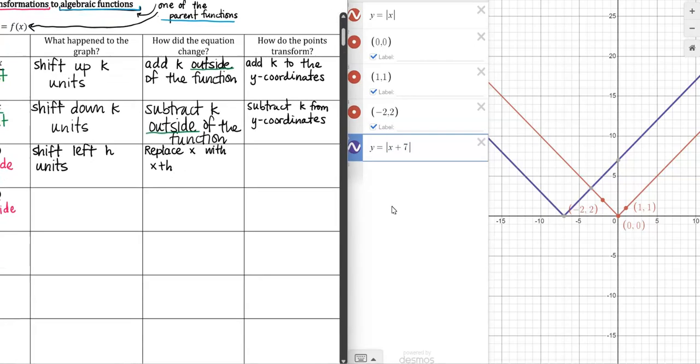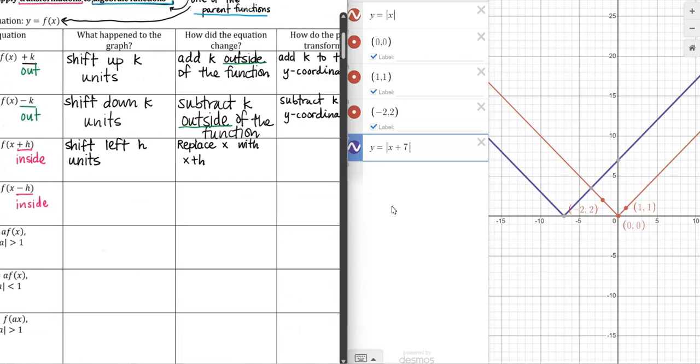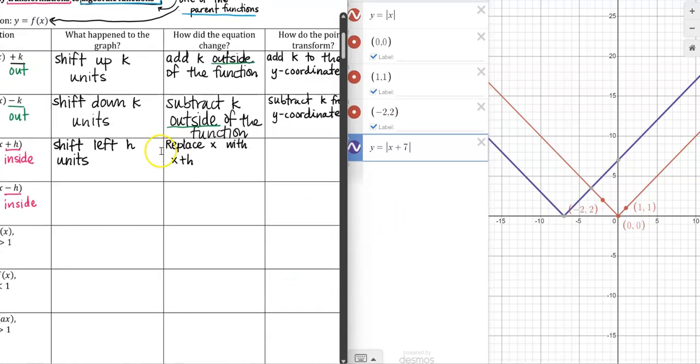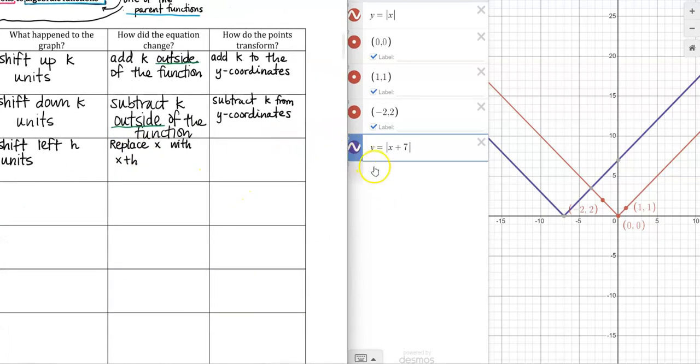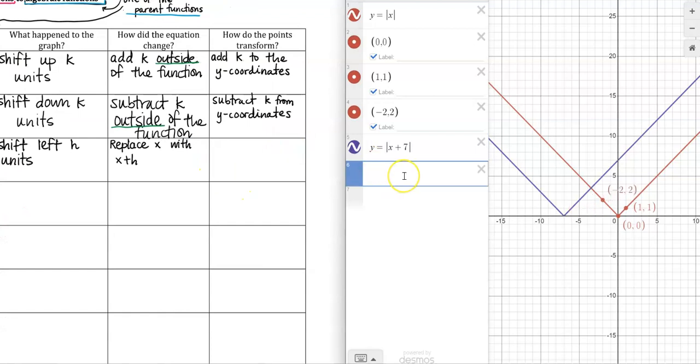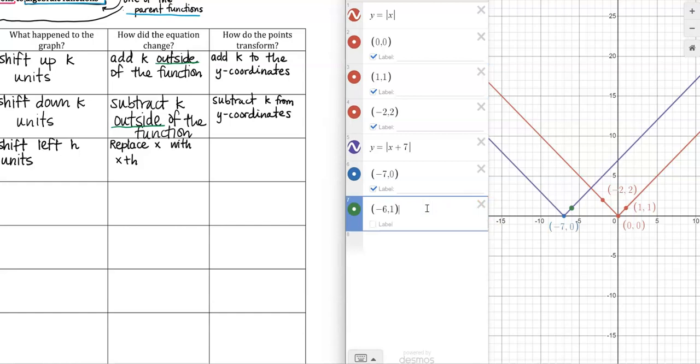But with the things that happen on the inside of the function, I'm going to choose to use the word replace. And then the next question is, how do the points transform? Well, let's just take a look. 0, 0 is no longer on the graph of the new function, but negative 7, 0 is on the graph of the new function. 1, 1, that was a point that was on the graph of the original parent function, but now we have the point negative 6, 1 on the graph of the new function.